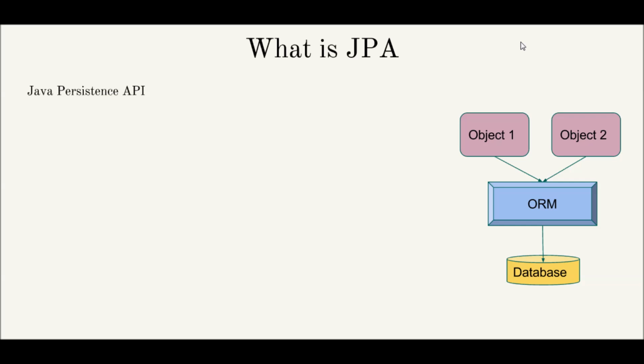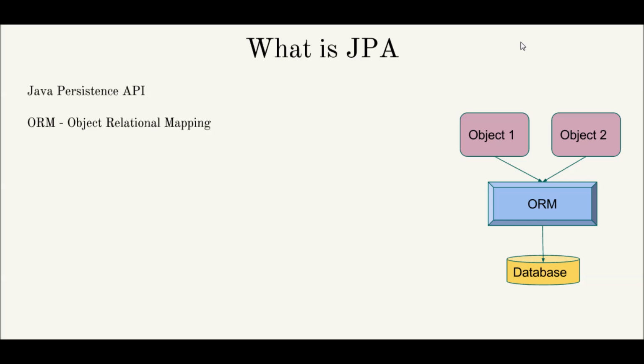JPA stands for Java Persistence API. JPA is a specification which was defined as part of EJB 3.0 and now it is the industry standard for ORM. And what is ORM?